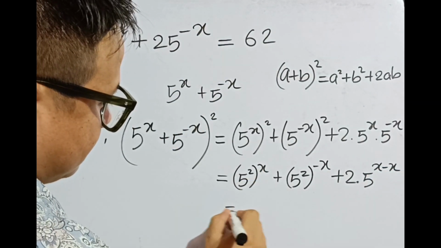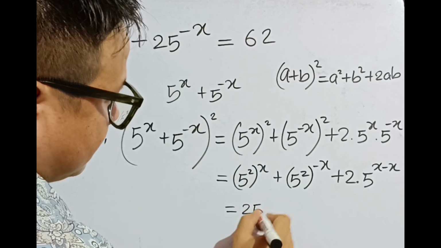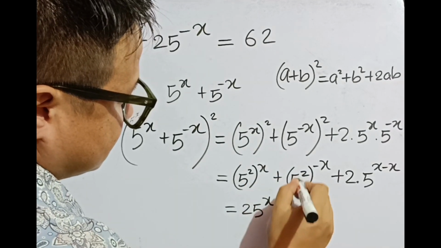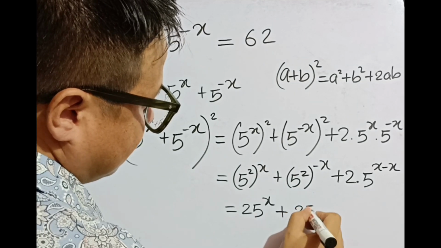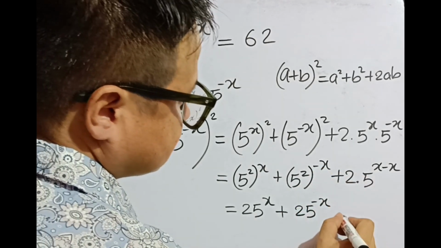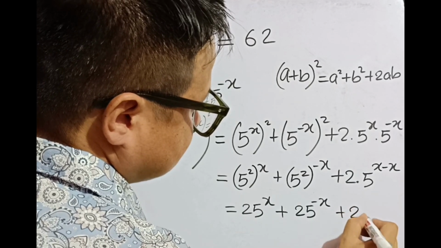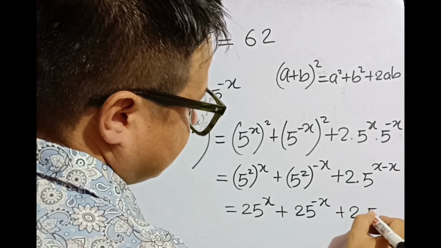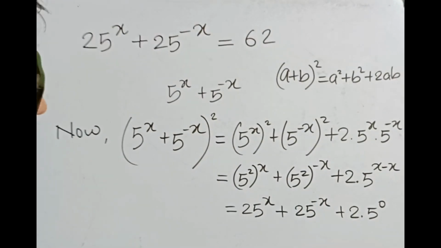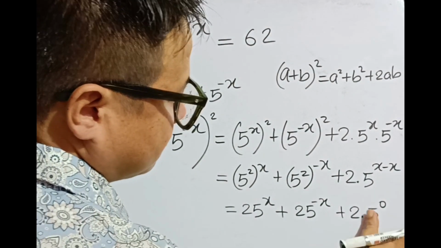So this is equal to 5 square is 25 raised to the power x, plus 25 raised to the power minus x, plus 2 into 5 raised to the power x minus x, which is 5 raised to the power 0. And the value of 5 raised to the power 0 is 1.